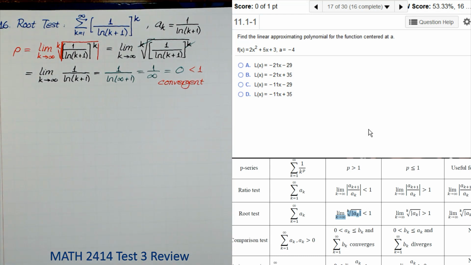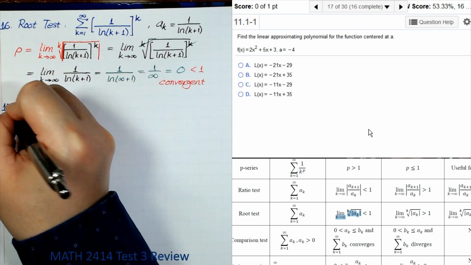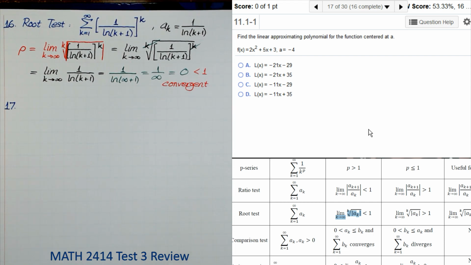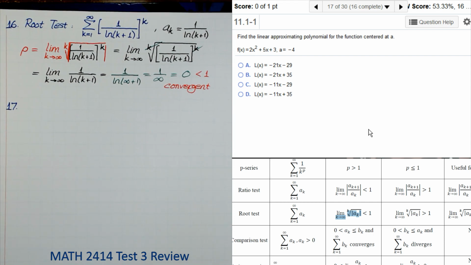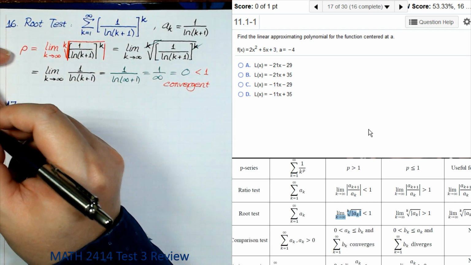Right. With that, we go to 17, which is starting chapter 11 about power series. So we're not going to do convergent and divergent anymore. We do linear approximation.